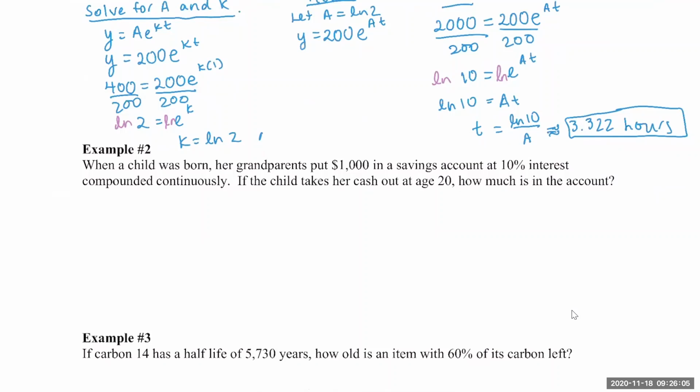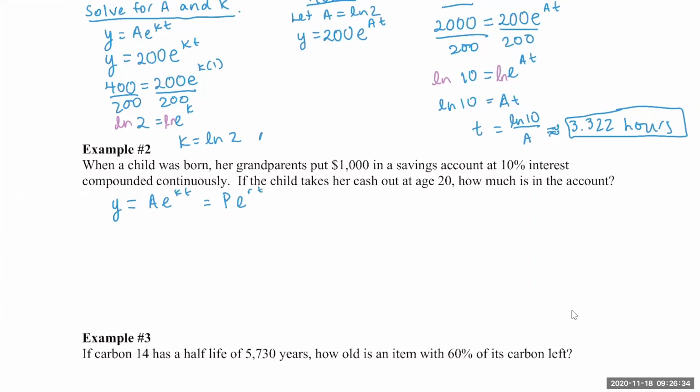Do you guys remember what the model was, which is really essentially the same thing as AE to the KT, but they just changed some of the variable assignments and called it something else, or really the constant amounts. Yeah, P equals A. Do you guys remember that? And what did they call K in these interest type problems?